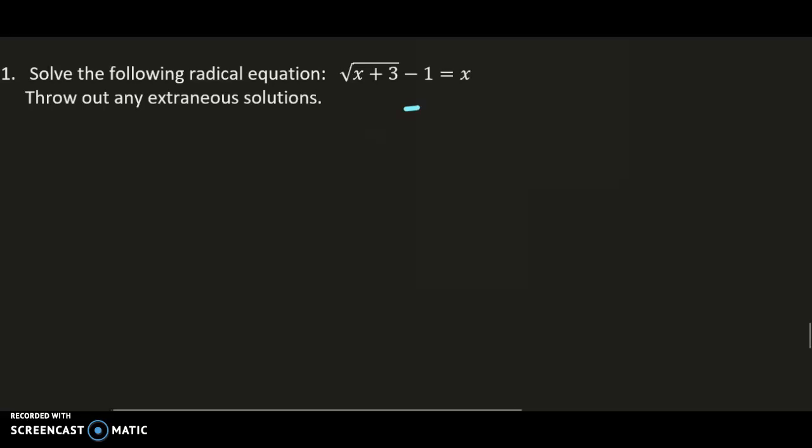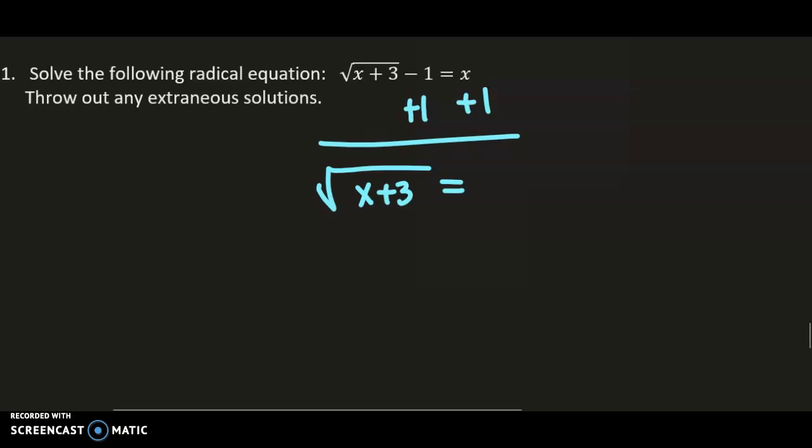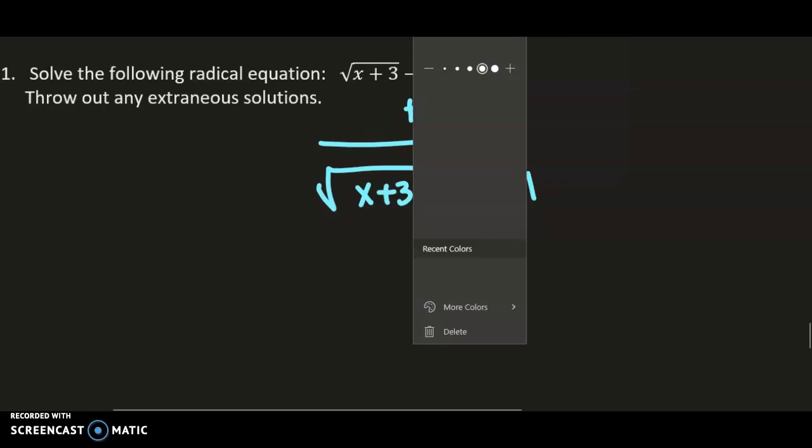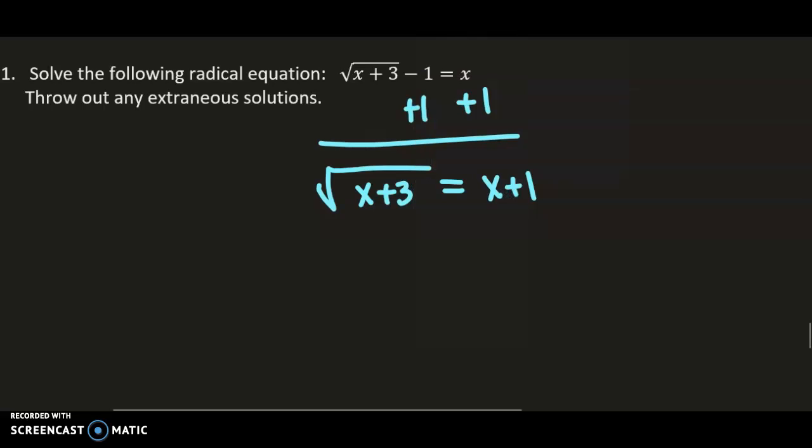So first things first, let's add 1 to both sides, and then we get square root of x plus 3 equals x plus 1. Next, let's square both sides.